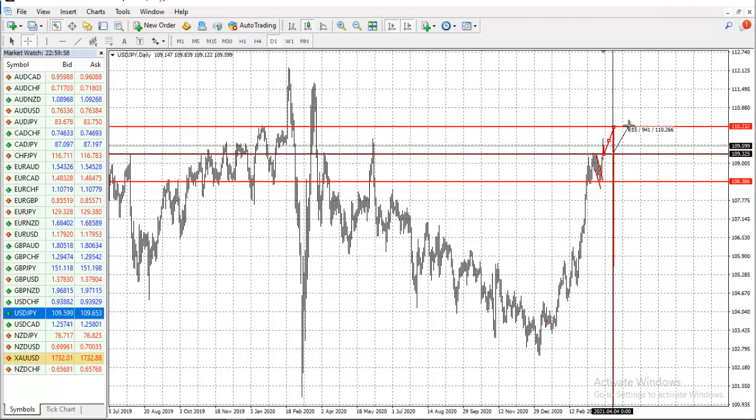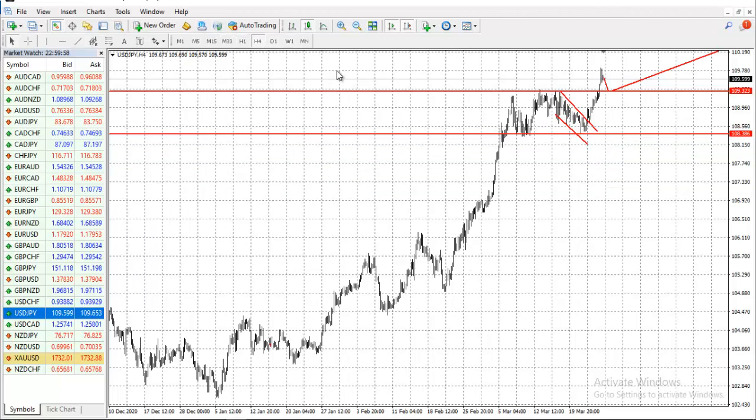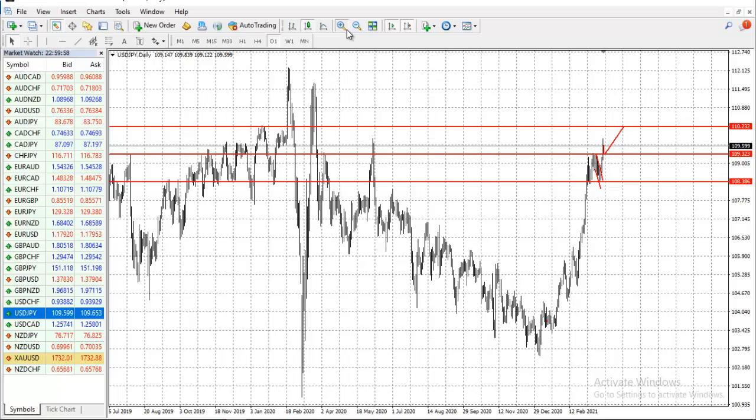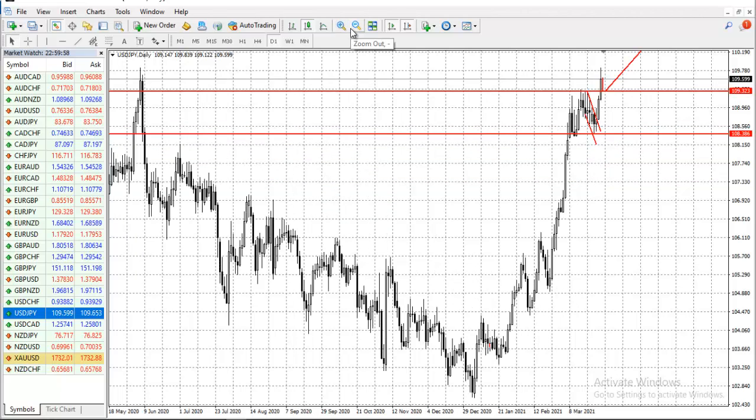This is about 92 pips, which is still bearable. Please ensure you check for proper and well-formed price action before you trade.